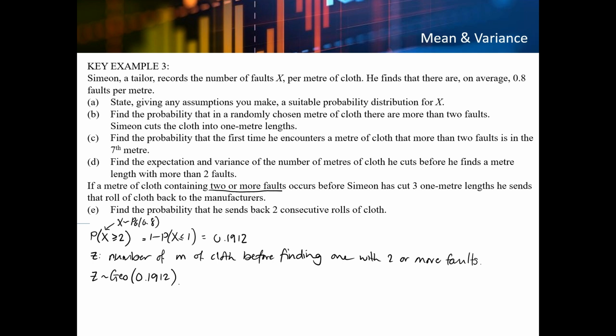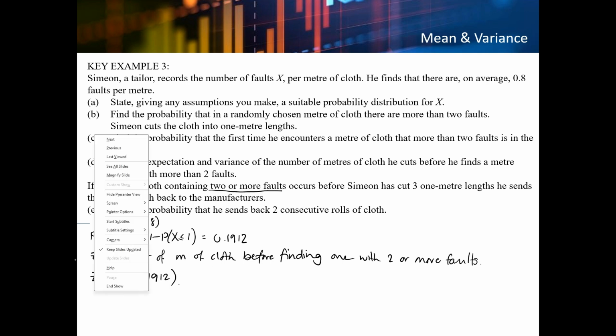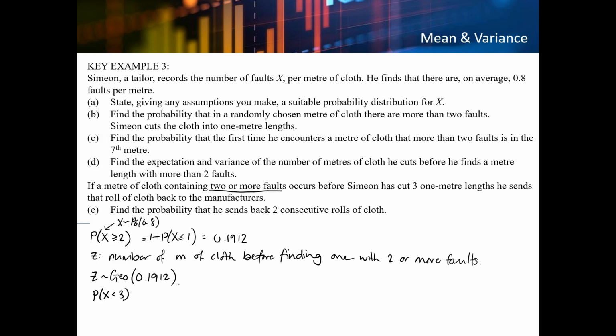Okay, I want to know if he finds this before he has cut 3 1-metre lengths. So what's the probability he finds this in fewer than 3 attempts? That's the same as z less than or equal to 2.